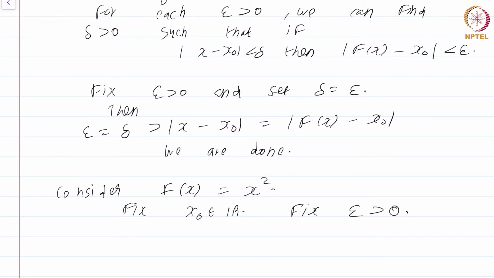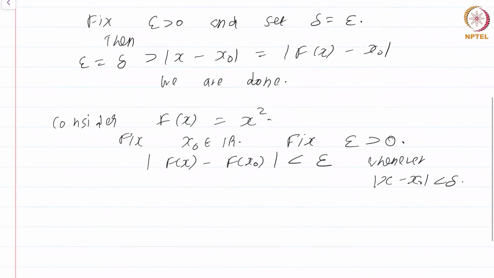We must find a corresponding delta such that mod f of x minus f of x naught is less than epsilon, whenever mod x minus x naught is less than delta. Now how do we do this? Well, let's substitute what is happening. f of x is x squared and f of x naught is x naught squared.